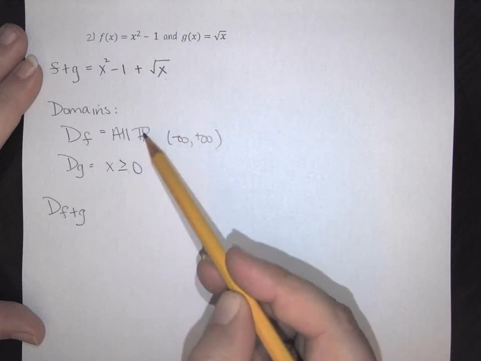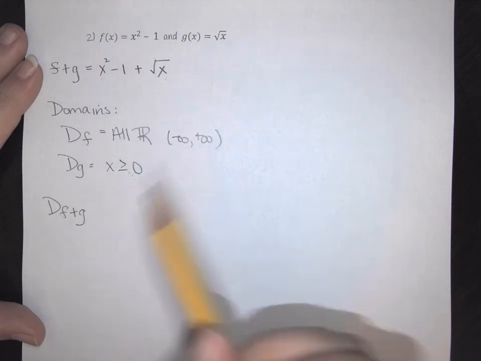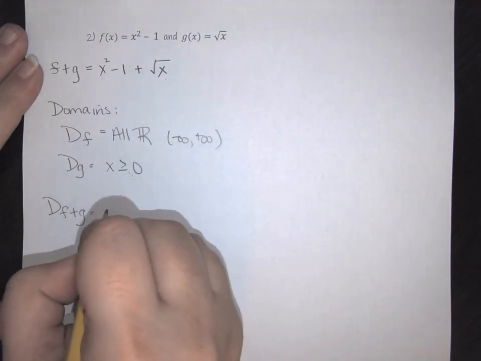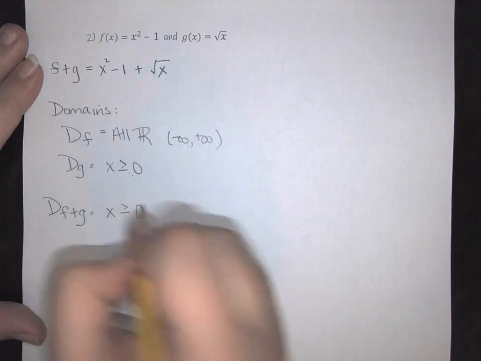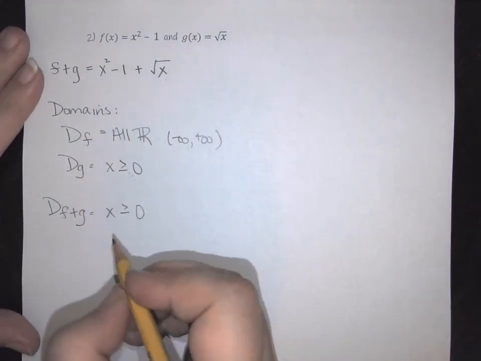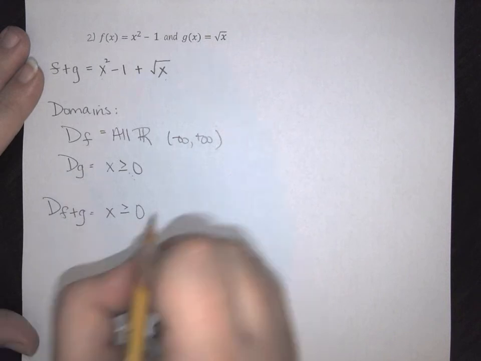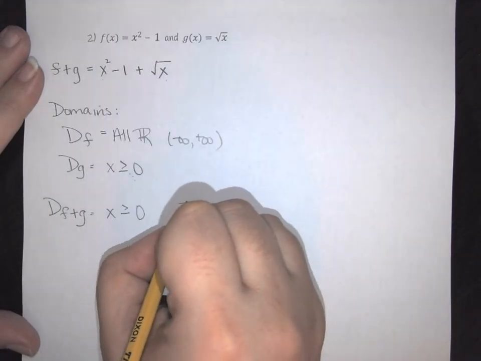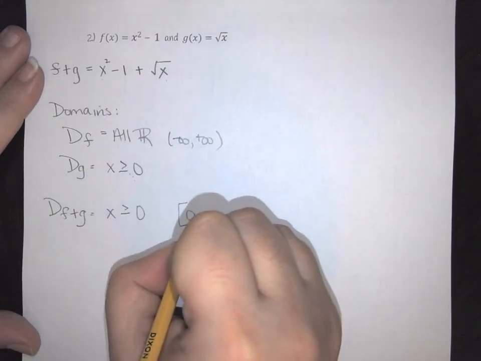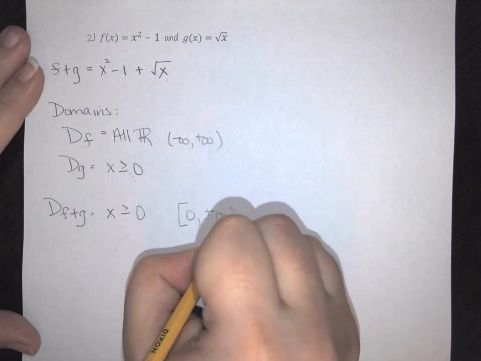So here, if we look at where they overlap, they're going to overlap everywhere that x is greater than or equal to 0. So your interval here is going to start at 0 and travel to positive infinity.